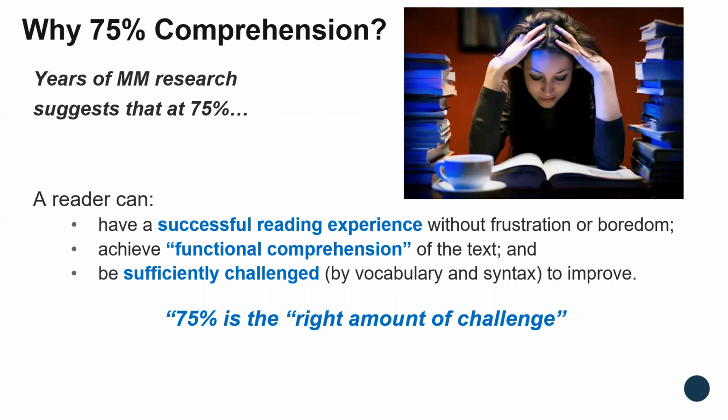So why 75% comprehension? Drilling down into that, this is where, like I shared, they can be successful without being frustrated, without being bored. But this is also that place where they're going to have functional comprehension of the text. And very rarely in a classroom is a teacher just going to give students something to read and not have other activities that support the reading of that text. So you think about a student like John reading The Old Man and the Sea and coming away with 75% comprehension.